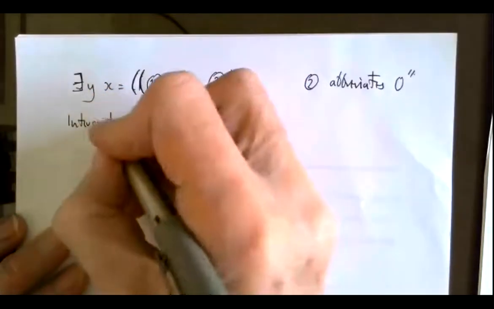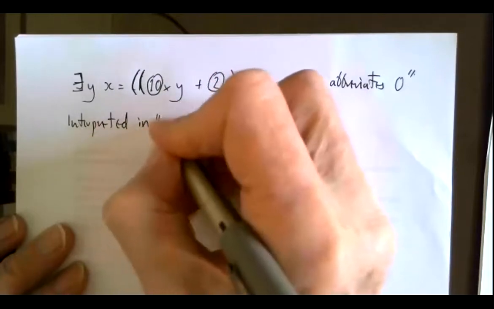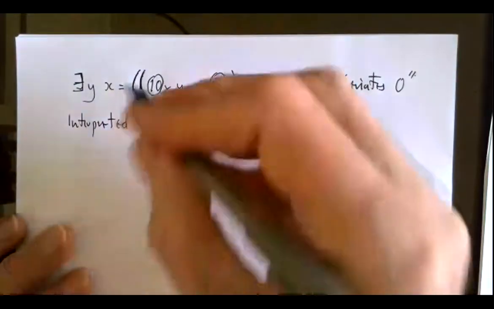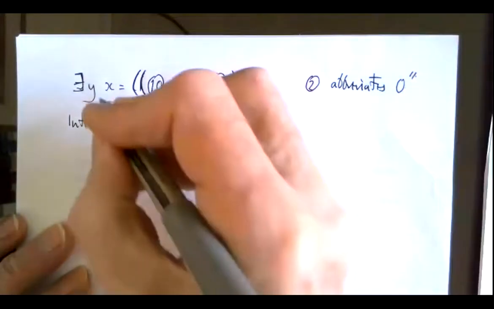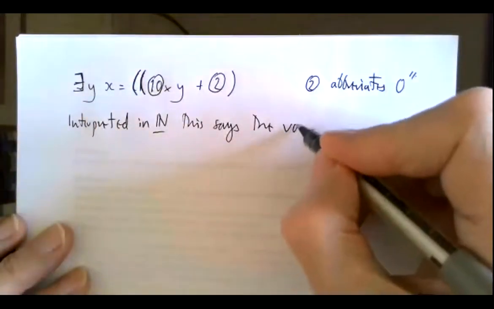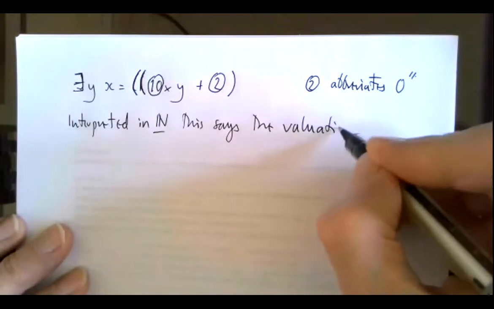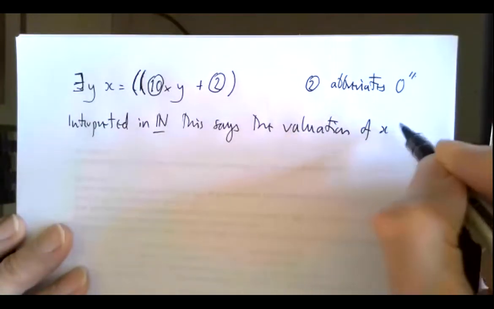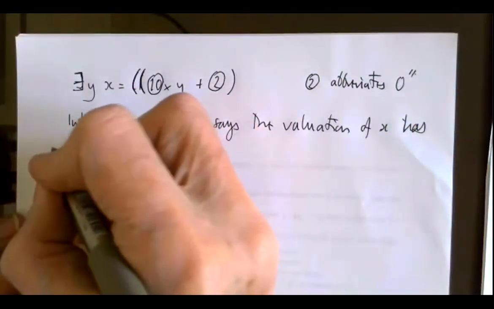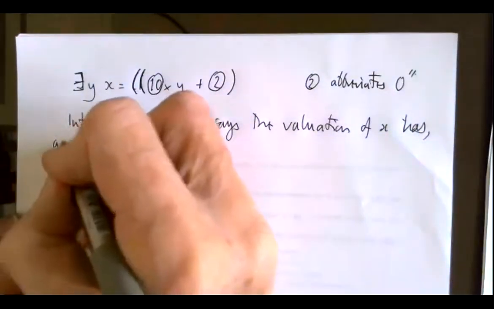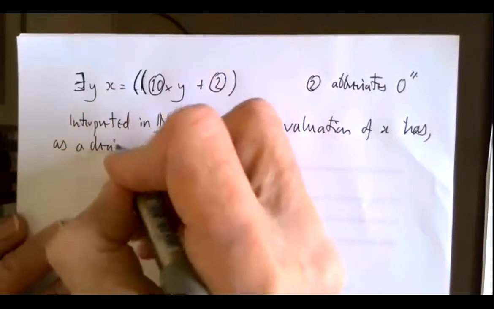So if I look at this formula, I interpret it in a natural number structure. This says, whatever x is valued as, or interpreted as, has as a decimal number its last digit a 2.